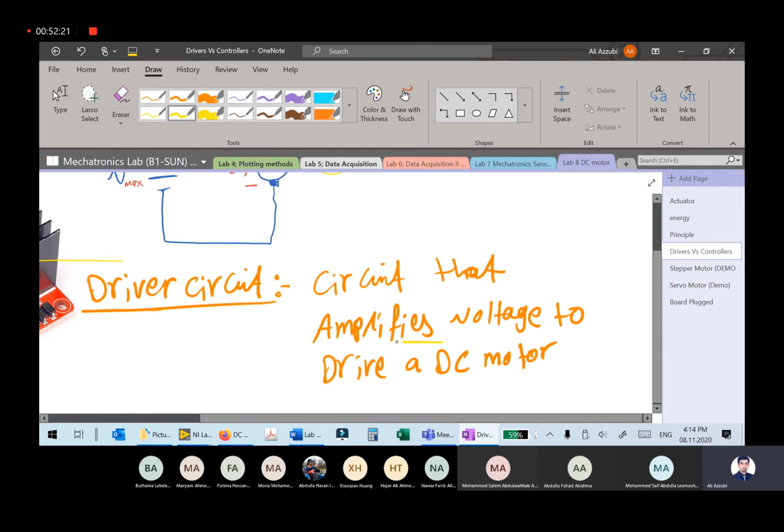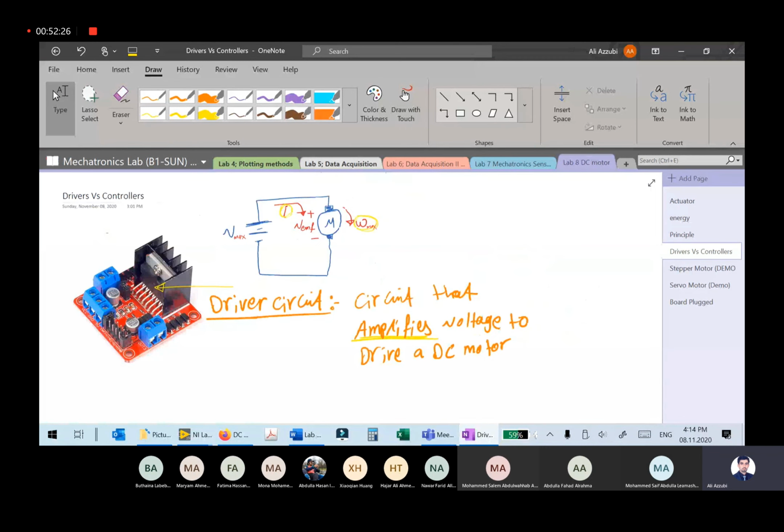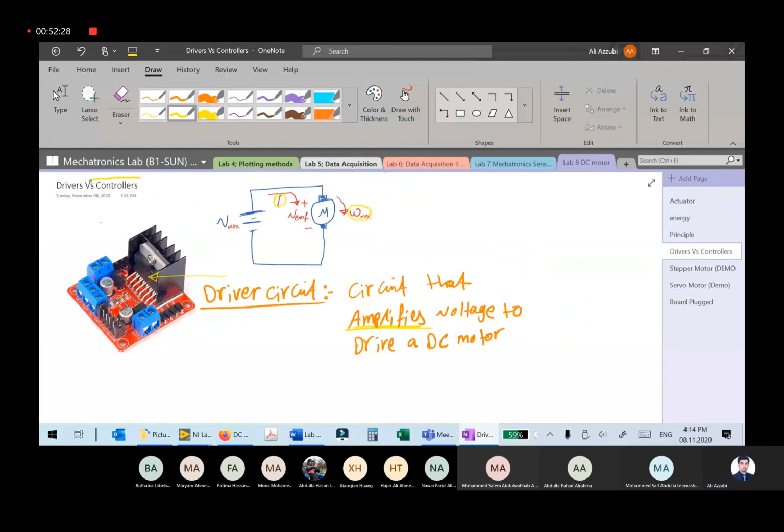Why do you need to amplify? Because in many cases I have a controller giving a command to a motor.